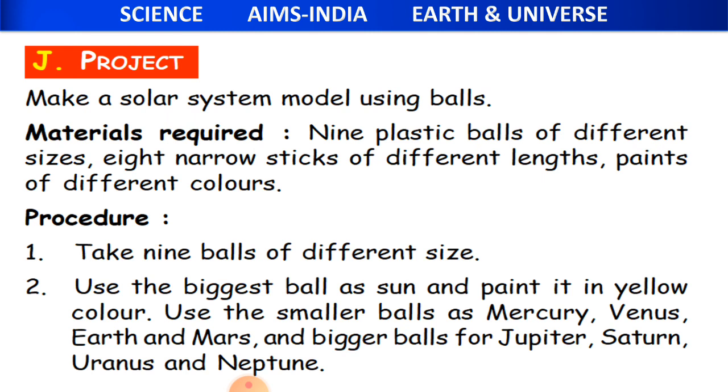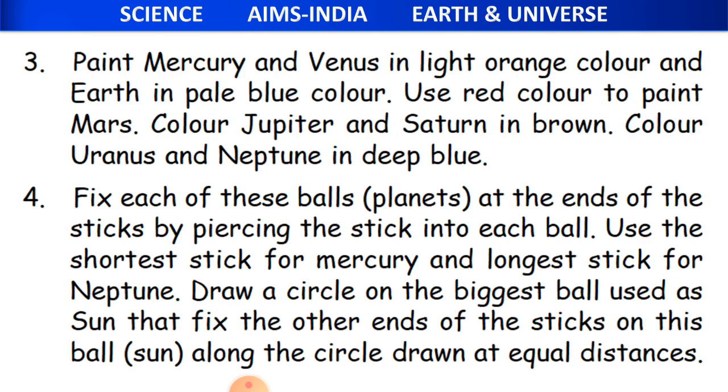Again you have small planets like Mercury, Venus, Earth and Mars. Again bigger planets like Jupiter, Saturn, Uranus and Neptune. According to that, you make the sizes with the balls, and then you can paint the planets, because we have already shown you how the planets are. And I will also tell you the colors of the planets in the coming exercise.